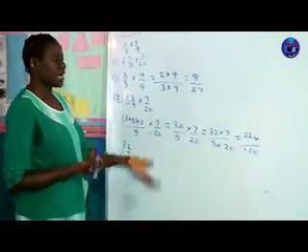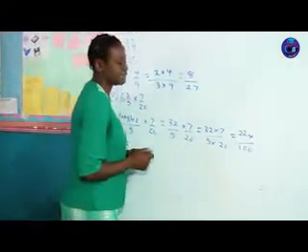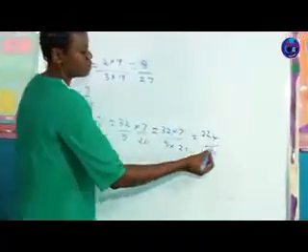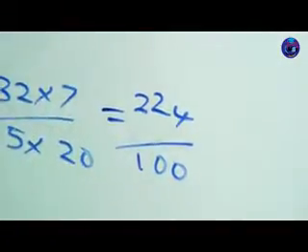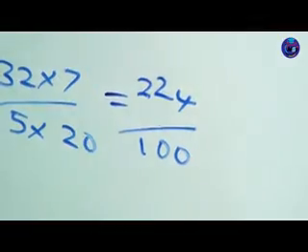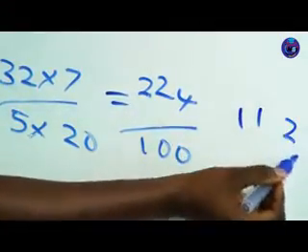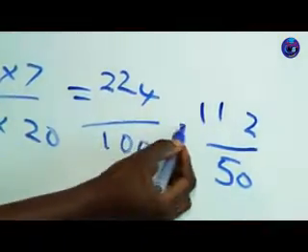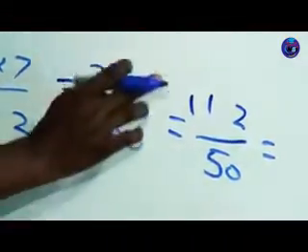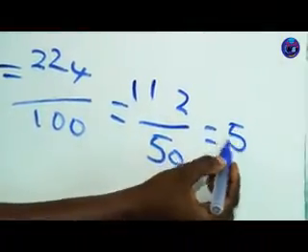So I could reduce this and break it down. What number could divide both? I could divide by 2. I have 112 all over 50. 2 could still go. How many 2 can I find in 11? 5.